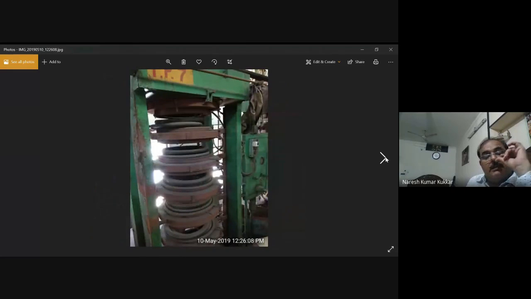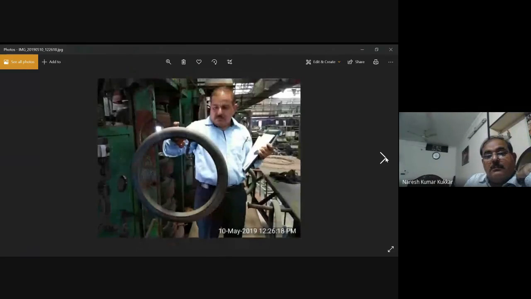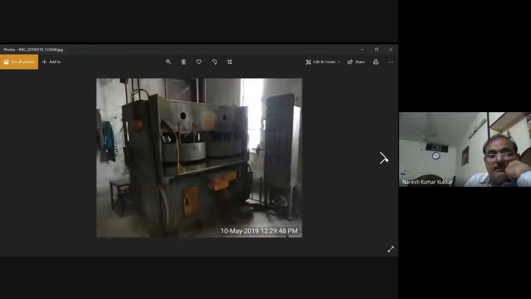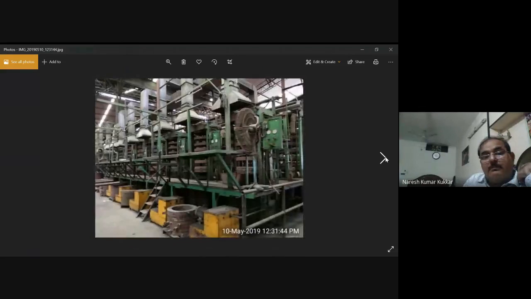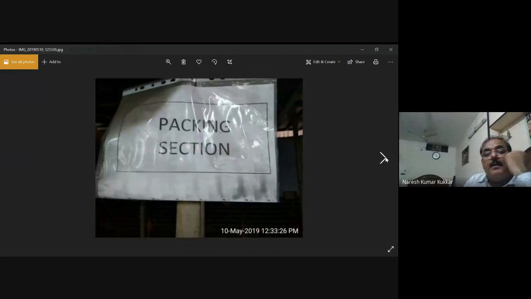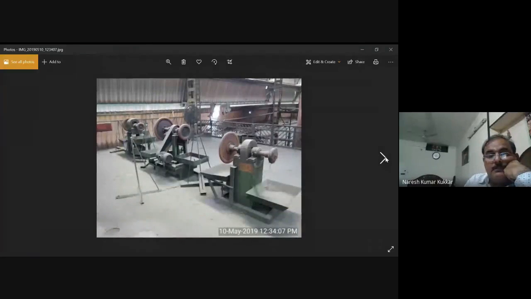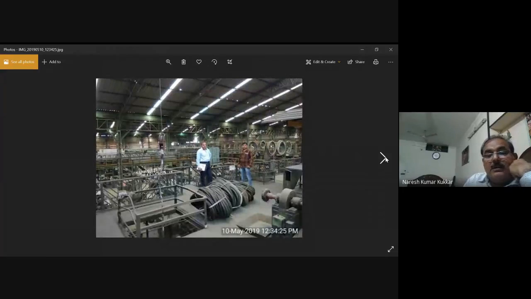See here how the tires are created. This is a basic type of tire. These are the dies. Packing section.